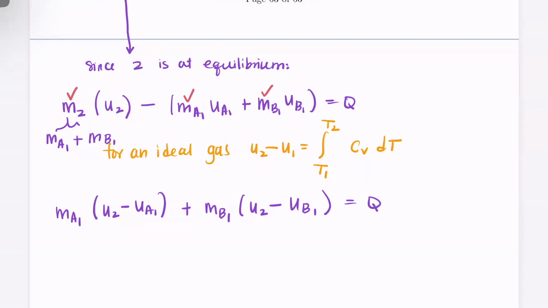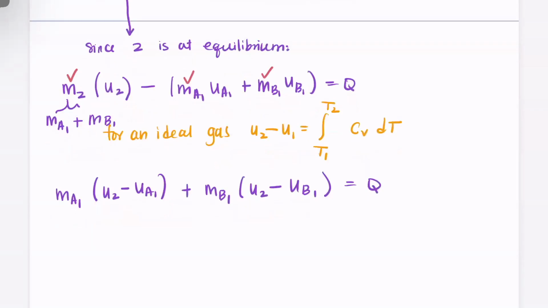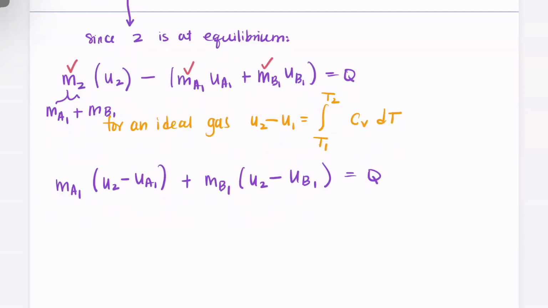Okay, good. So now I can use this equation in the orange, the integral from T1 to T2 of CV dT, for each of these. All right, so if we assume constant specific heat, then this integral goes away and we get CV times T2 minus T1, right? So I am going to just apply that in here.